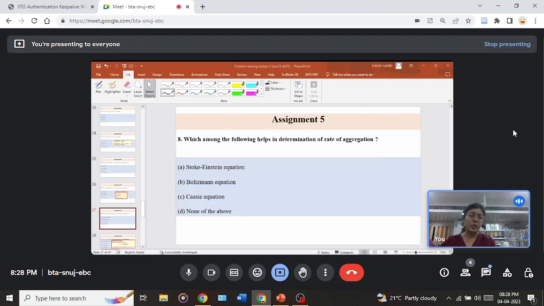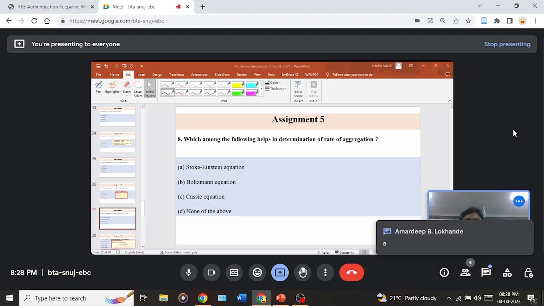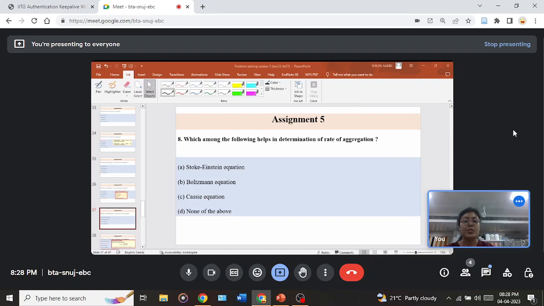Okay, we will wait for 1 minute and we'll move forward. Again, if you think, try to recall. Okay, Amardeep, you are saying the correct answer is A. So what was this Stokes-Einstein equation for?